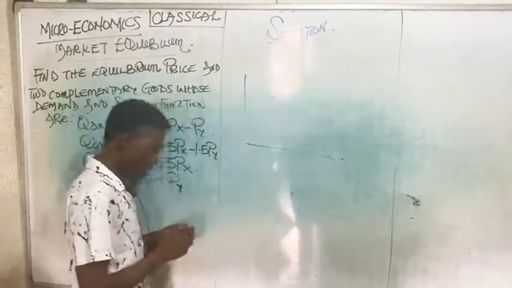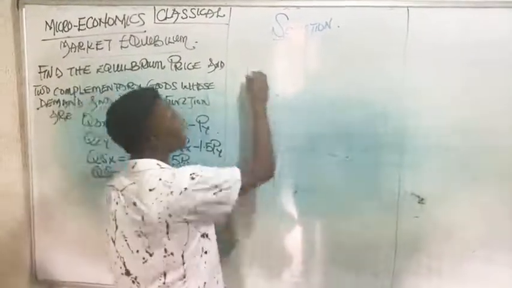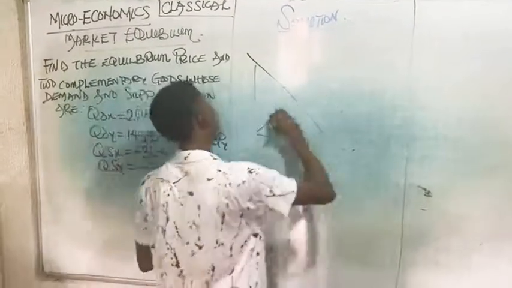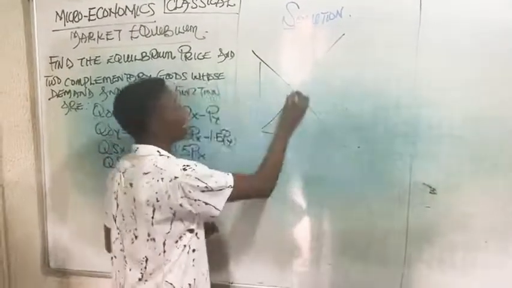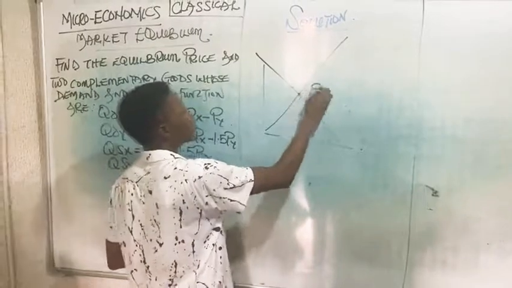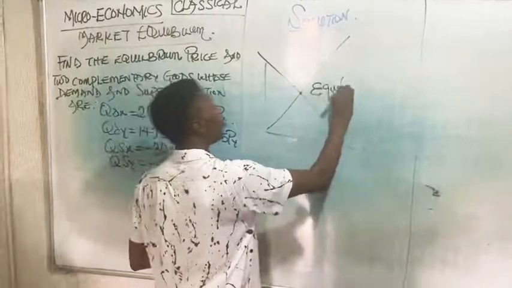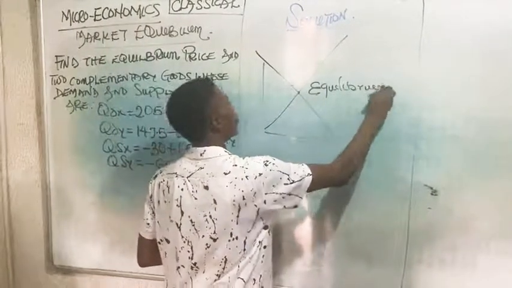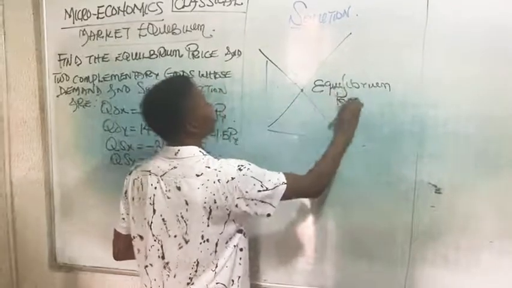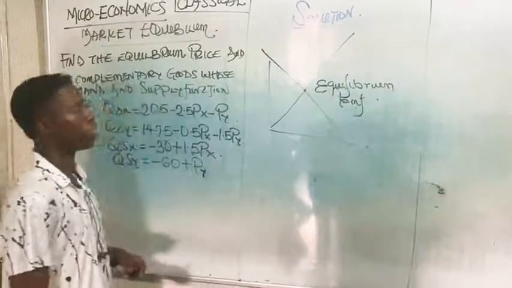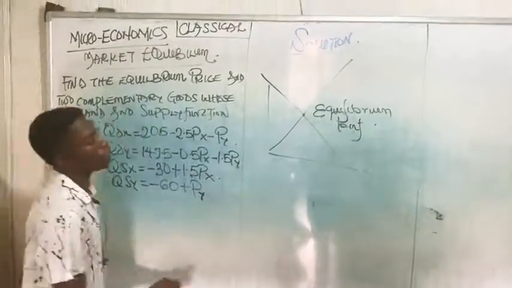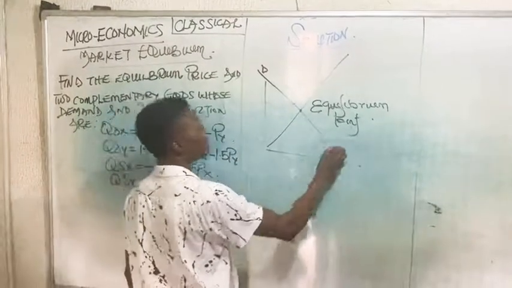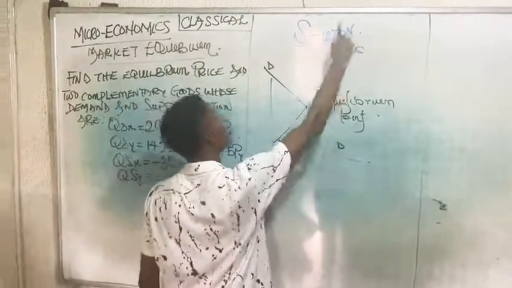So if we are having a demand curve and a supply curve, the intersection tends to be our equilibrium points. So this is the demand and this is the supply.